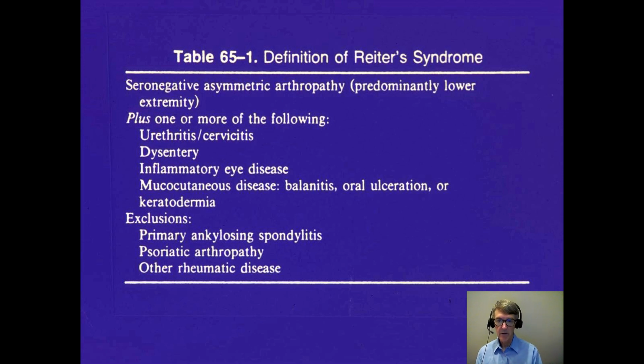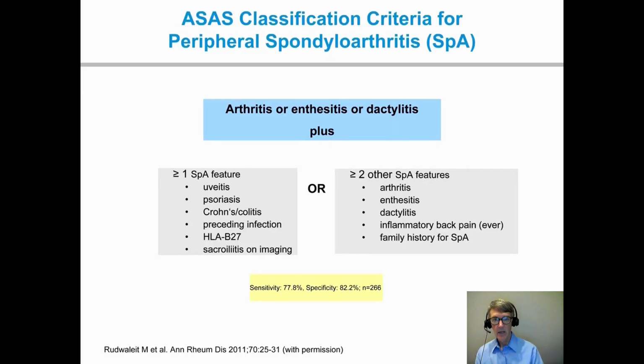And again, things that are in the exclusion criteria are basically things we might lump with the present criteria, including ankylosing spondylitis and psoriatic arthritis. Now, the current ASAS classification just classifies it as a peripheral spondyloarthritis, and again, they're looking for clues of either an arthritis or enthesitis or dactylitis plus one other feature.